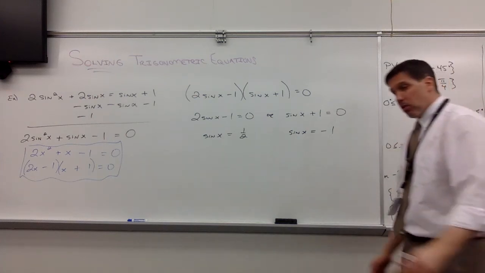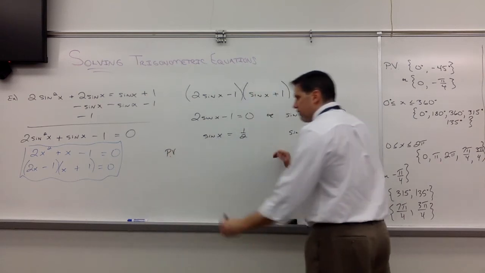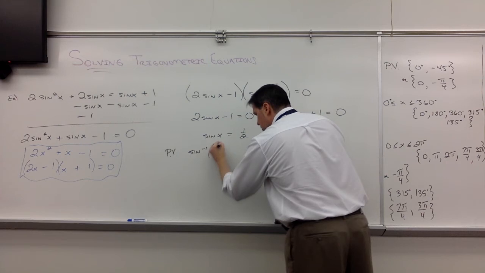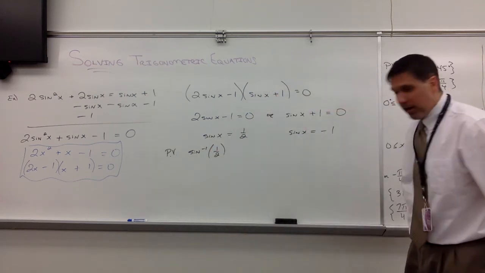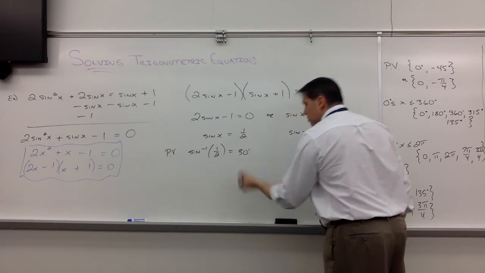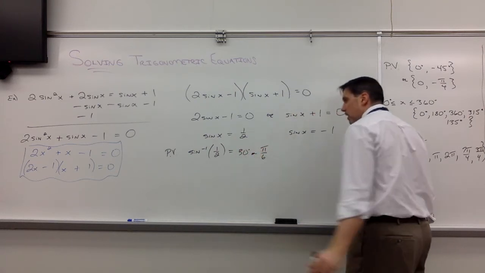Okay, job 1, let's go to principal value. We're doing the inverse sine of a half. Literally, what is the functional inverse sine of 1/2? The answer is 30 degrees, or, if you're talking radians, pi over 6.